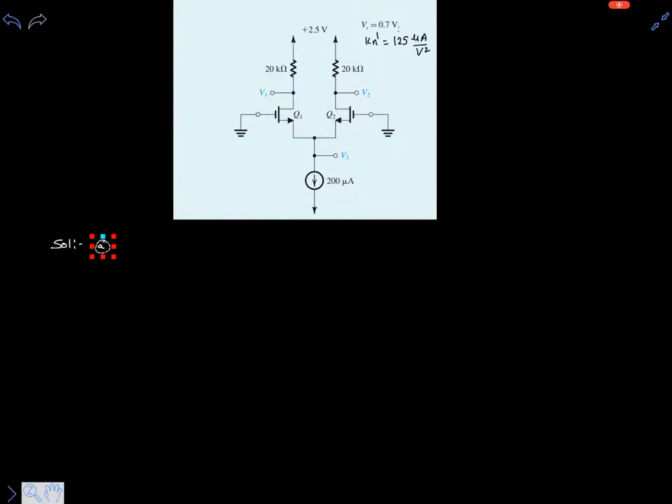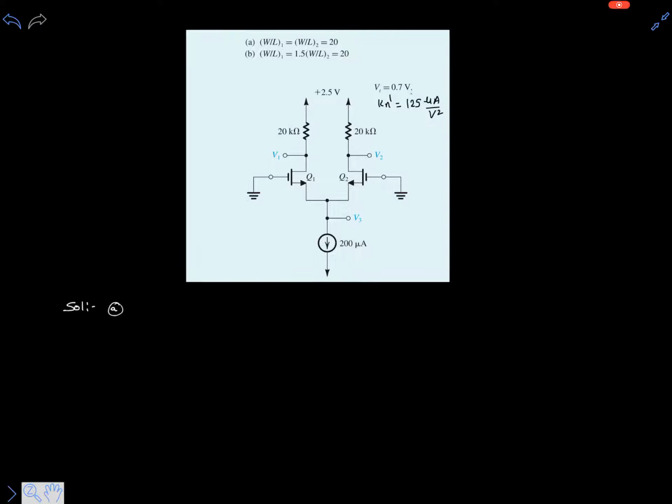Here, the W over L ratios are the same for both transistors, and both transistors have similar parameters. Both gates are connected to ground, the sources are connected together, with the same VDD supply and the same drain resistance.